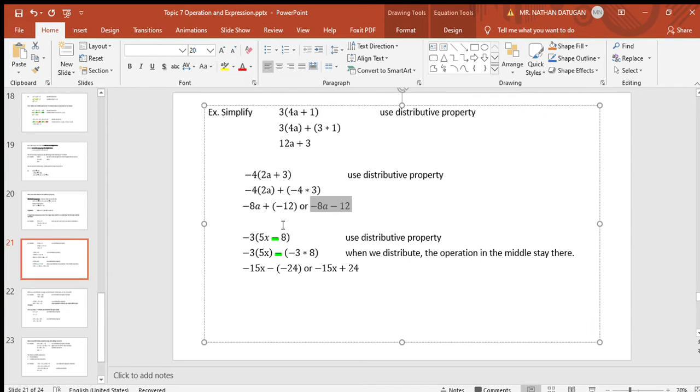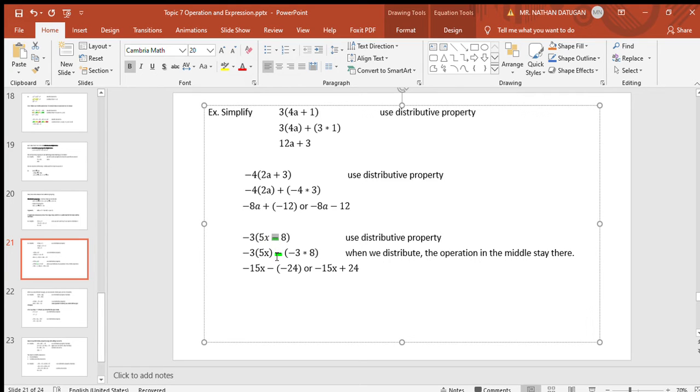So now let's move on to another one, 5x minus 8, times everything by negative 3. Again, we're going to distribute negative 3 to both terms. So 5x will be multiplied by negative 3, and then the operation between 5x and 8 has to remain the same.